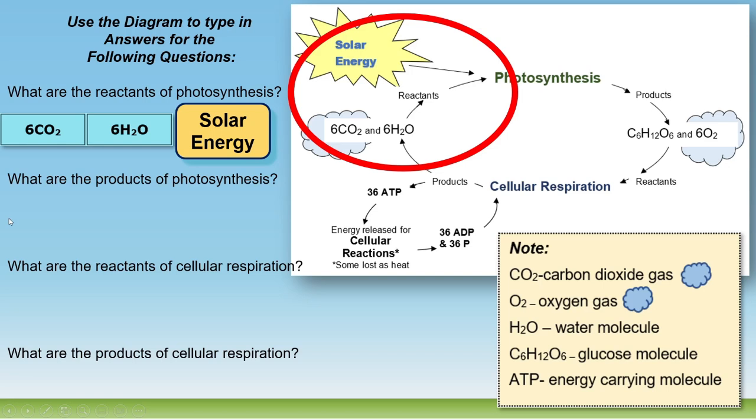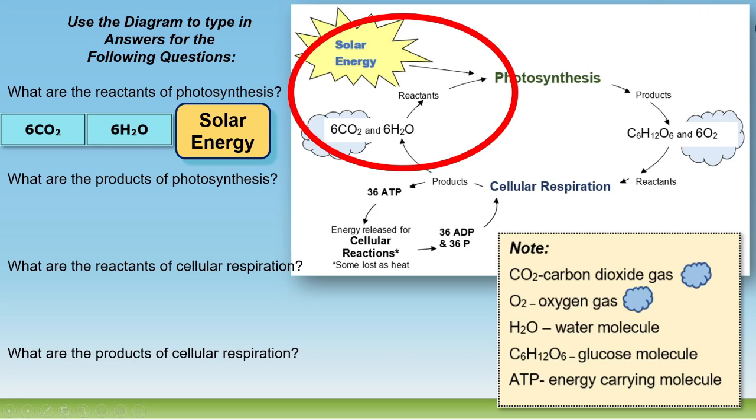You're also going to have, so I use a plus sign instead of the little boxes, 6H2O molecules, so 6 molecules of water. And additionally, you have solar energy. These are the reactants.